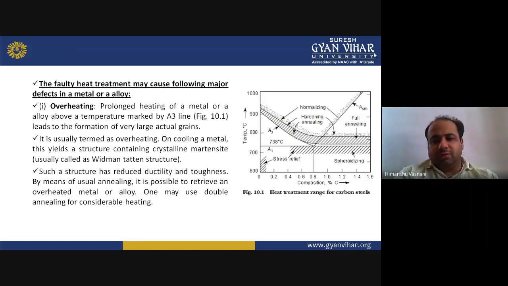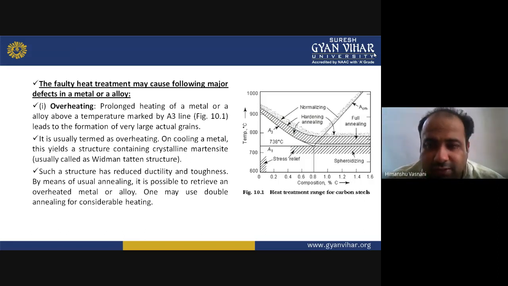Now if you look at the diagram, on the horizontal axis you have the composition, percentage of carbon, and on the vertical axis you have temperature in degrees centigrade. The percentage of carbon is divided into 0.2, 0.4, 0.6, 0.8, till 1.6, and the temperature is shown till 1000 degrees centigrade. You can see the divisions of stress relief, spheroidizing annealing and full annealing properly shown. The full annealing zone is also shown.